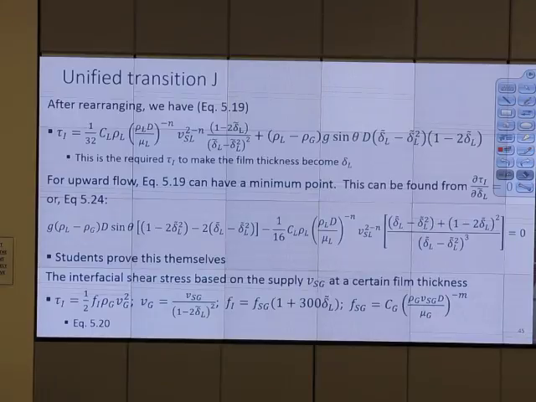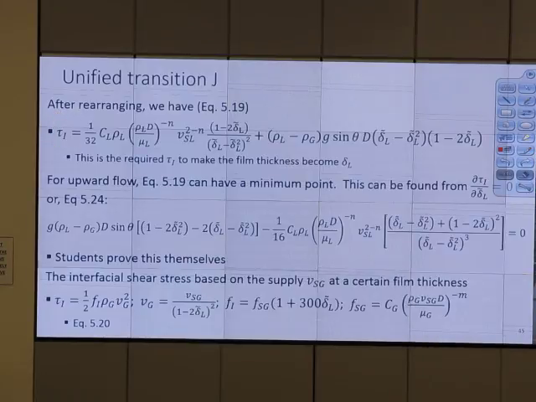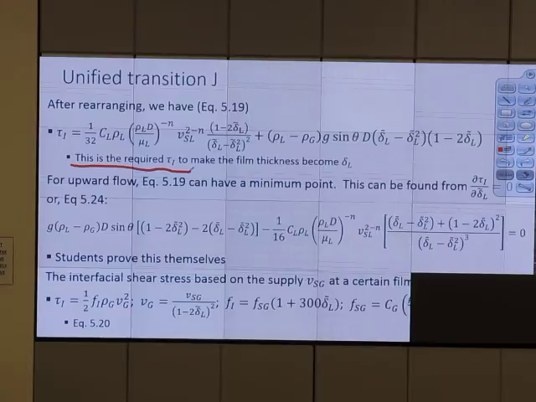When we look at it, we can rearrange and express it as the interfacial shear stress, tau I. The key here is that the left hand side is the required interfacial shear stress that allows us to get the film thickness delta L.